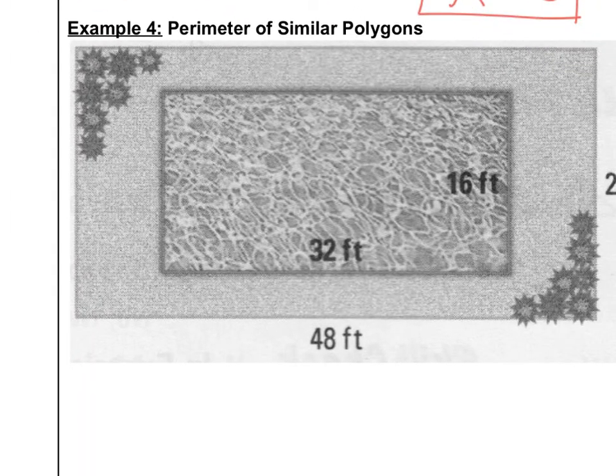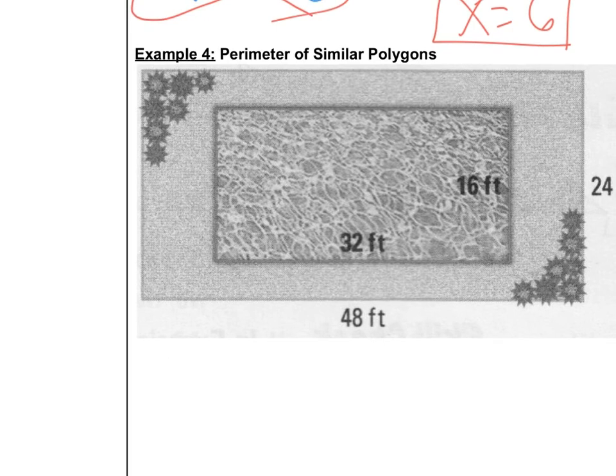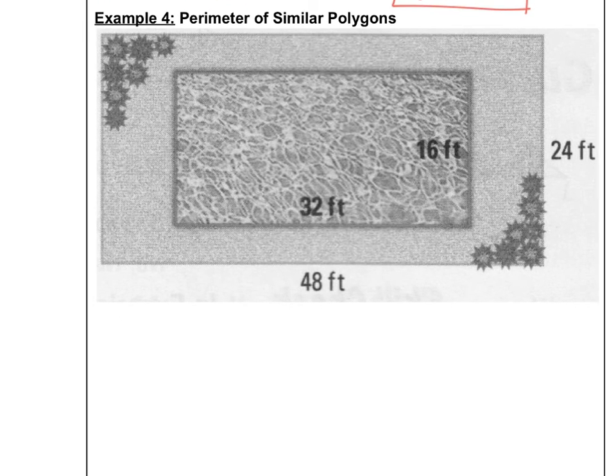In example 4, we've got a ratio and 2 different shapes here. This is a swimming pool in the middle, and then this is the patio around the pool. We need to find the ratio of the length of the pool.